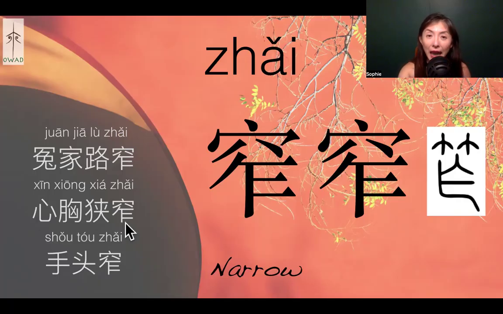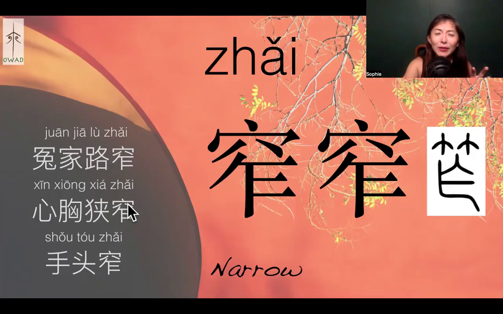Okay, 心胸狭窄, we use heart and 胸, the chest, to mean your mindset or your framework. 狭窄. 狭 is another one, I haven't covered that part yet. It seems like it comes with an animal symbol to signify another way to express narrow.